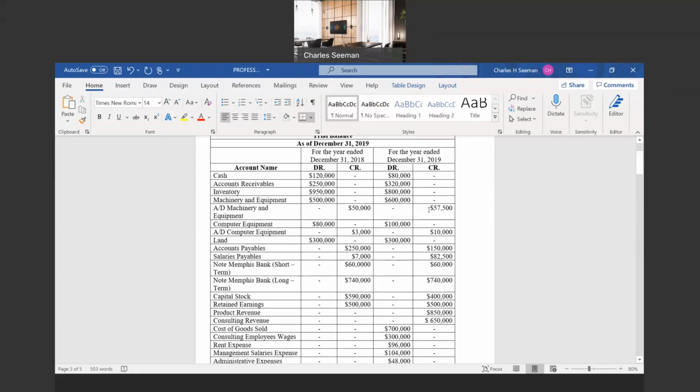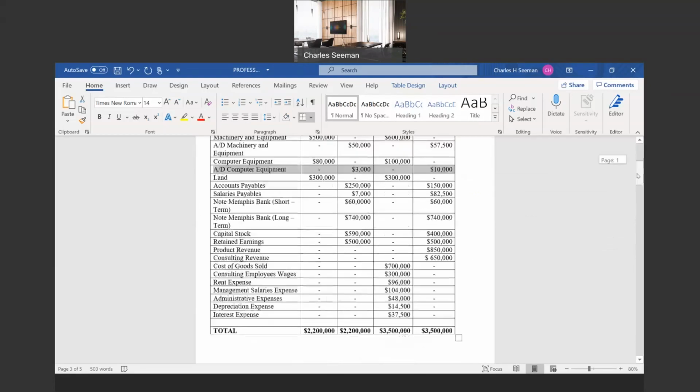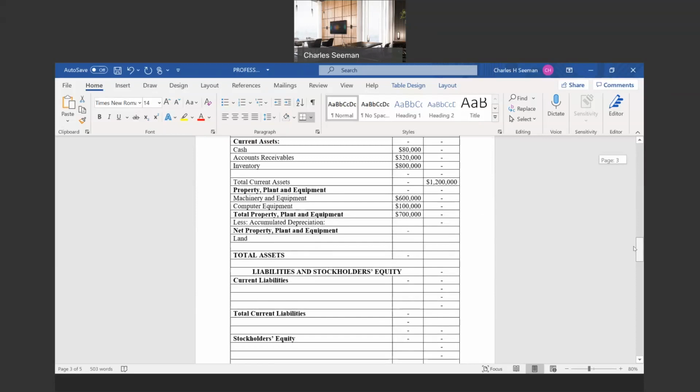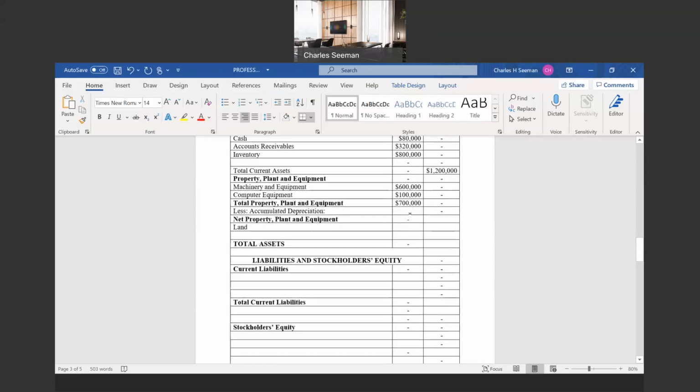I can add these together, the 57 and the 10. So accumulated depreciation, machinery and equipment is 57.5. Accumulated depreciation, computer equipment is 10. So I can add those together and get 67.5.